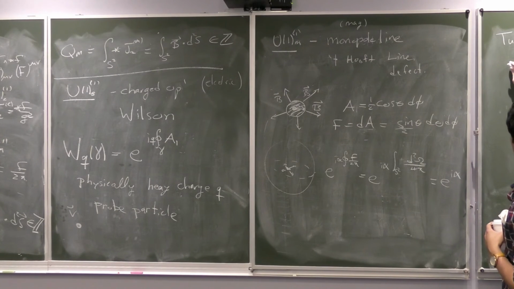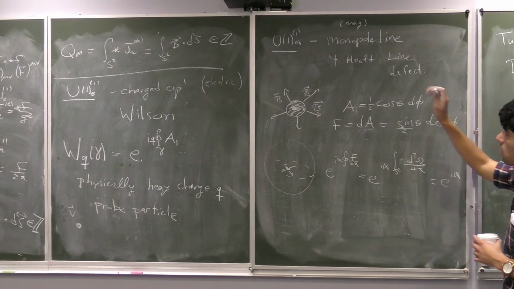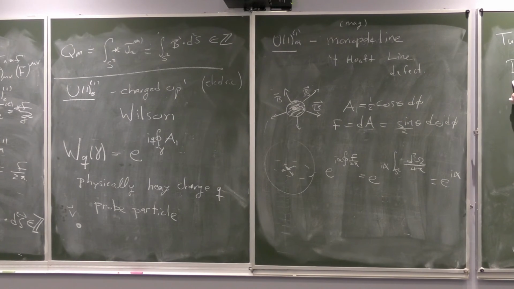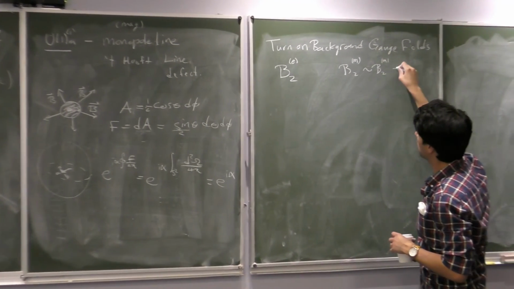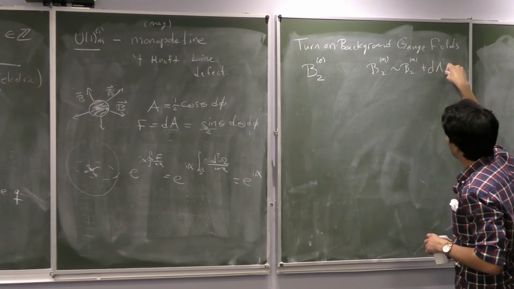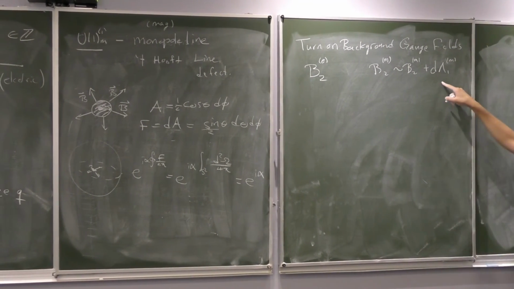Since we have a one-form symmetry, we have a two-form background gauge field, so we're going to write B2 of E for the electric, and B2 of M for the magnetic. They transform under gauge transformations the same way: it's equal to itself plus the derivative of some one-form parameter.